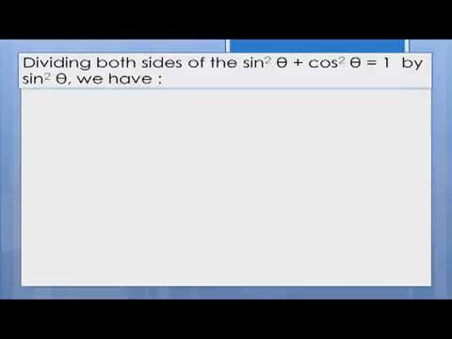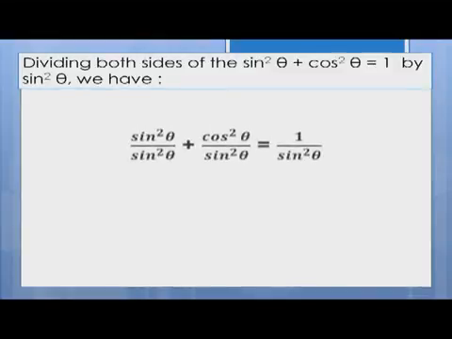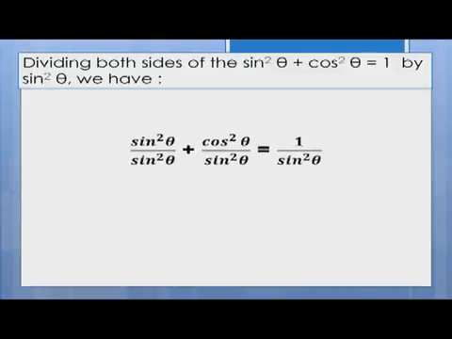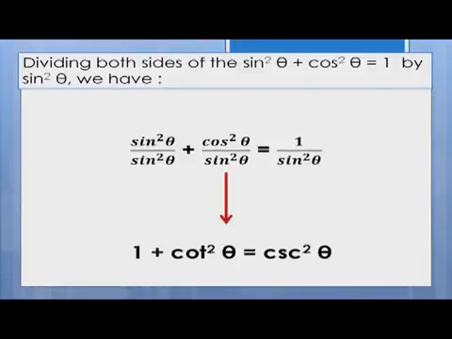If we divide both sides of sine squared theta plus cosine squared theta is equal to 1 by sine squared theta, we have sine squared theta over sine squared theta plus cosine squared theta over sine squared theta is equal to 1 over sine squared theta. Then we already derived that 1 plus cotangent squared theta is equal to cosecant squared theta.